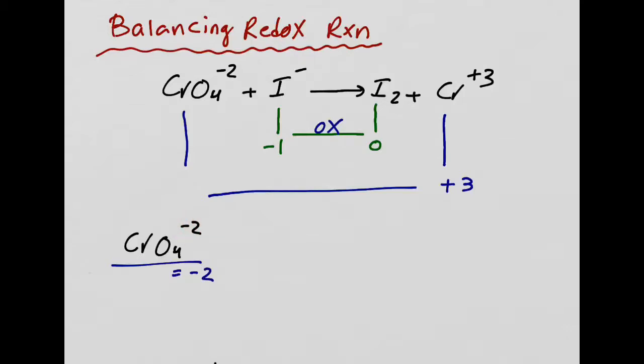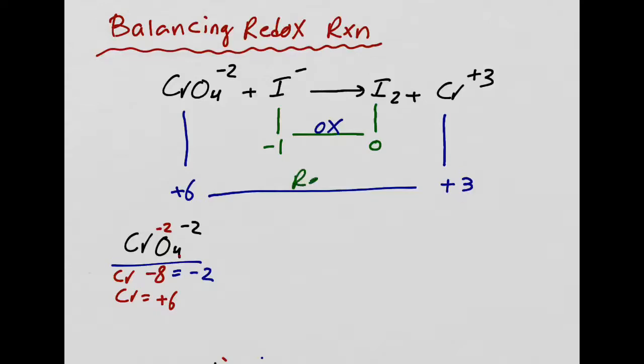And if you remember, oxygen is always -2, never changes, times 4 would be -8. Then I can easily solve for chromium, which would be +6. So here, chromium went from +6 to +3. It got more negative. So what is this?